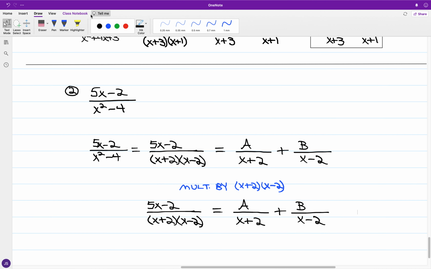You don't have to literally write all this out, but if I multiply by both x plus 2 and x minus 2, we have cancellation on the right hand side.